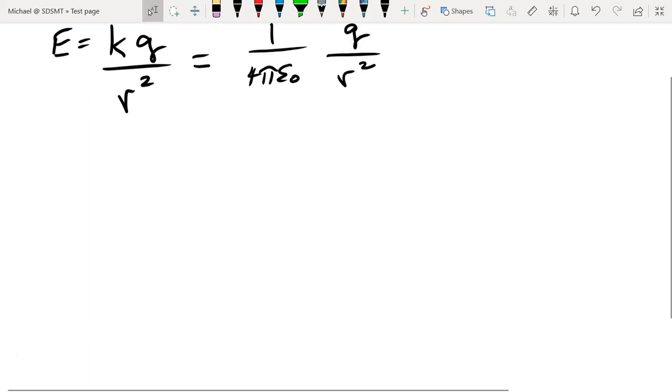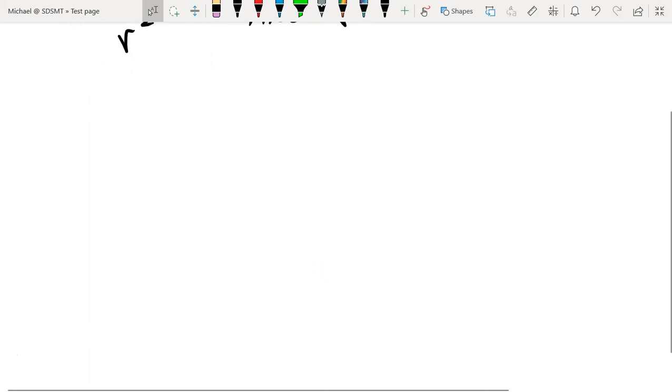And if we can add up 4 particles, then adding up the contributions of 2 particles shouldn't be all that demanding of us. So this particular 2-particle system is what we're going to call an electric dipole.